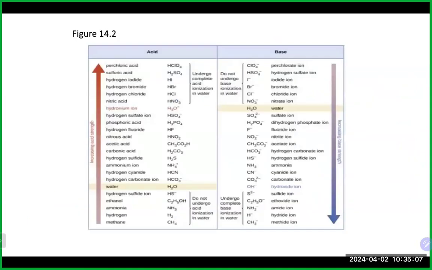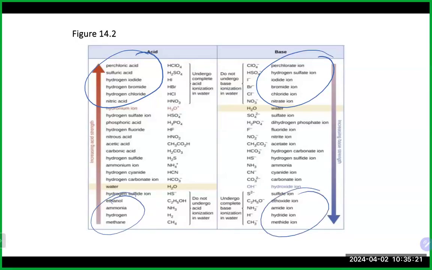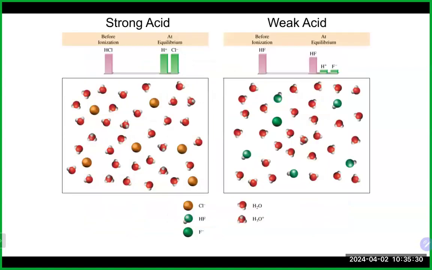So here's a table from your book. Again, our strong acids are over here, and their weaker conjugate partners are on the right-hand side. And vice versa here, our weaker acids and our stronger bases going that way. So again, it's an opposite relationship between partners and their acid strength.